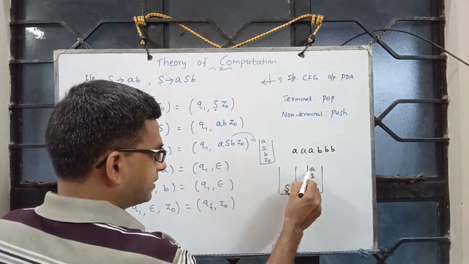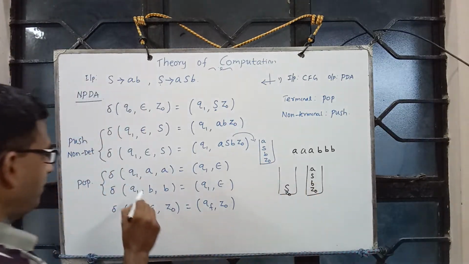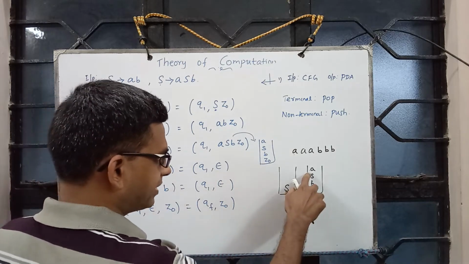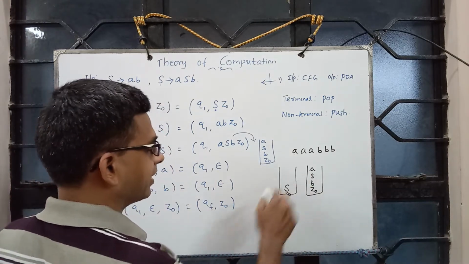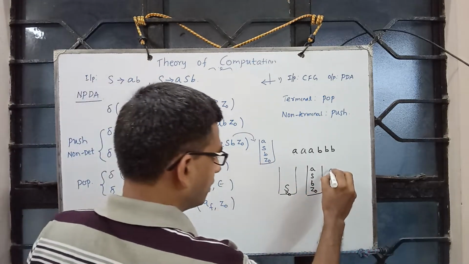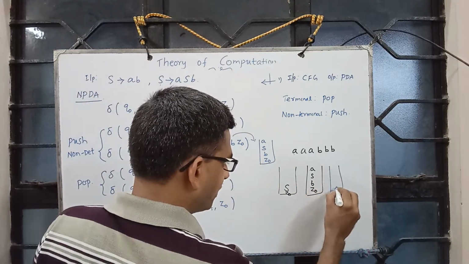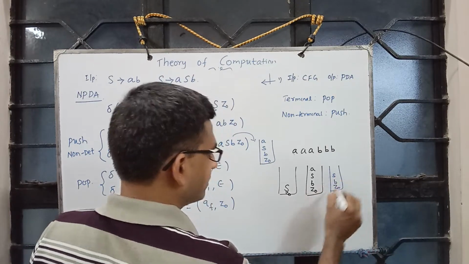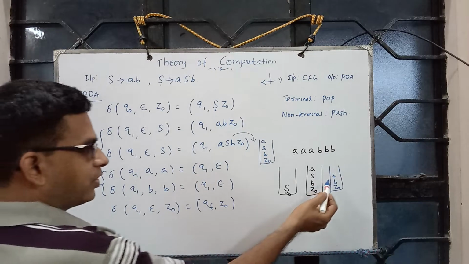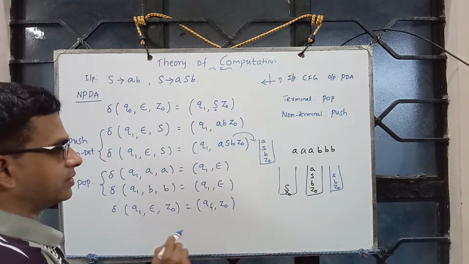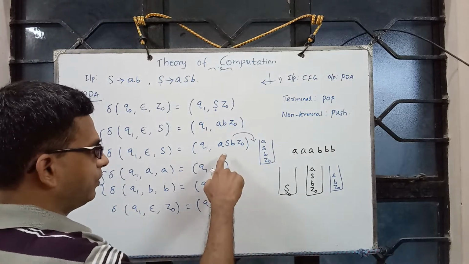Now top symbol is A, input is A, go for pop. You have to go for pop because the top symbol is a terminal. Only for a non-terminal is push allowed. Now when you pop, it becomes Z0 B S. Now it's a non-terminal. Either you have to go for this, or go for this. Again, non-deterministically one has to guess.